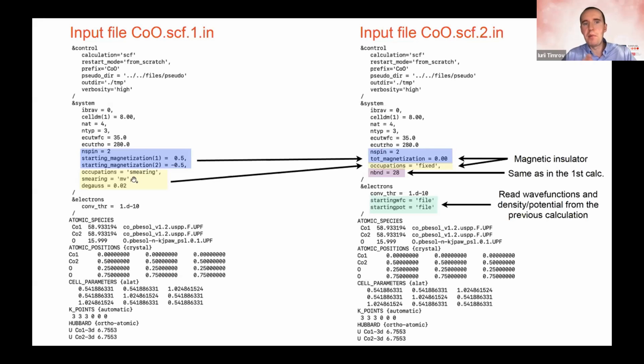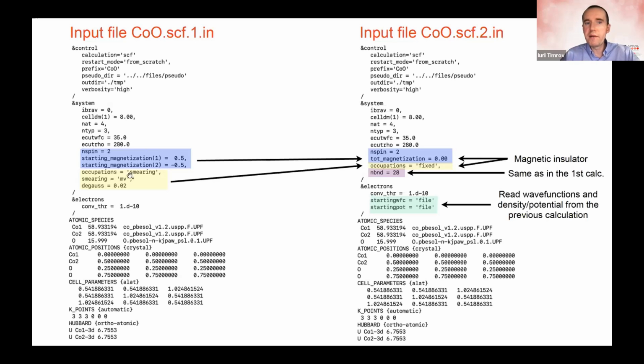This creates some numerical issues because there is a term implemented for metals, which is proportional to 1 divided by the density of states at the Fermi energy. And since you have an insulator, you don't really have a Fermi energy, you have a gap. You will see you have a vanishing density of states at the Fermi level.